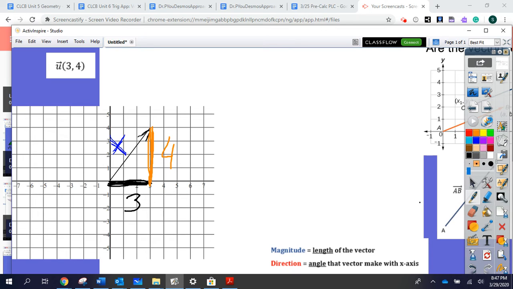And now let's write the Pythagorean Theorem because we have a right angle triangle. So the hypotenuse x squared will be equal to the sum of the squares of the legs, like 3 squared plus 4 squared. Let's do the math.